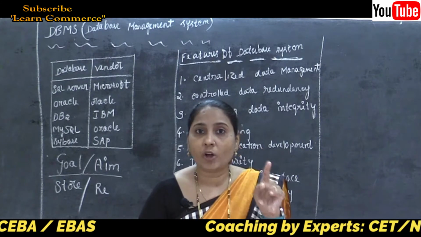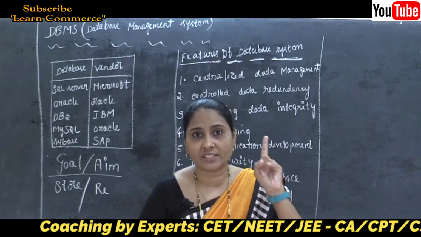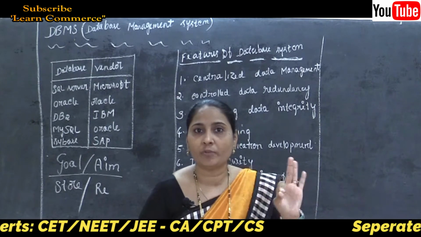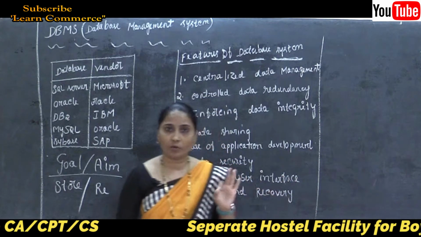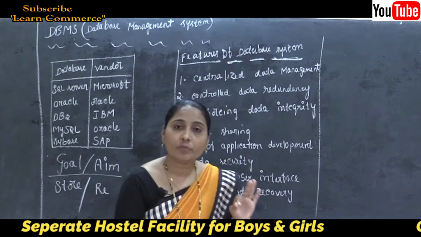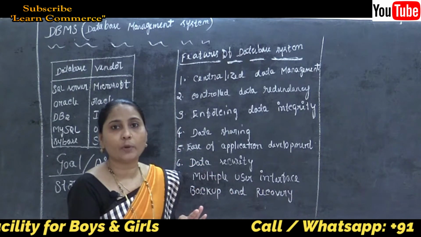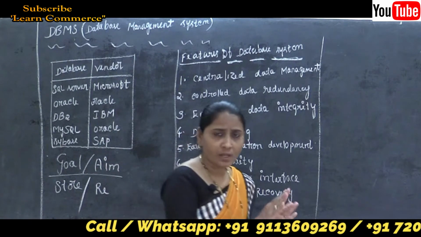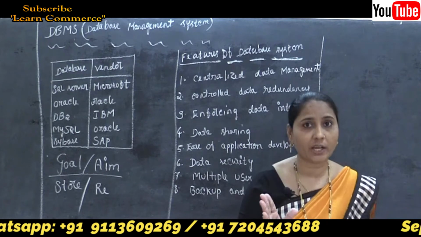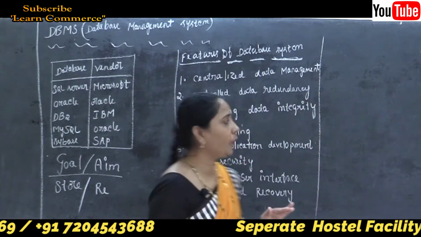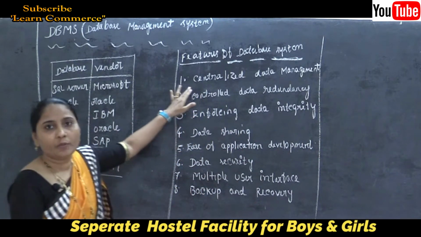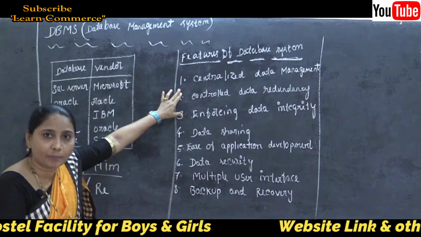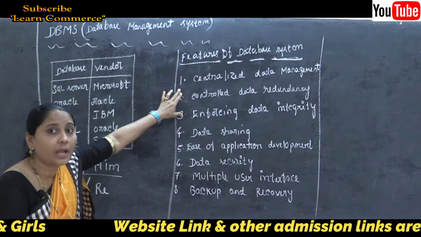But he or she should be an authorized user. It's not possible for everyone to access the data of the database. In our database approach, the data is located at a central location and shared among multiple users. If they are authorized users, they can access the data of the database.